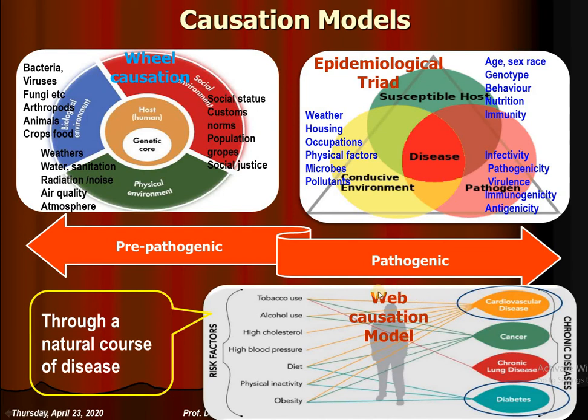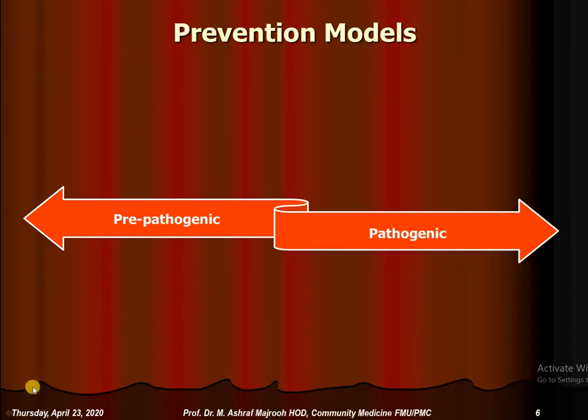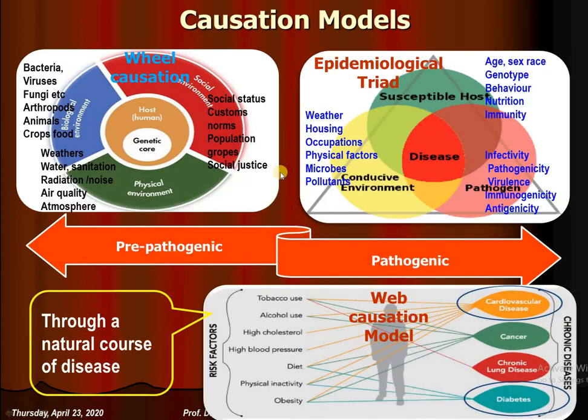So in these models, we can depict that the wheel causation model mainly deals with the genetic potential interaction with the human environment, and this mainly explains the infectious diseases.